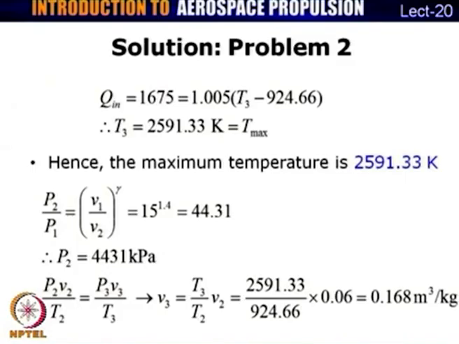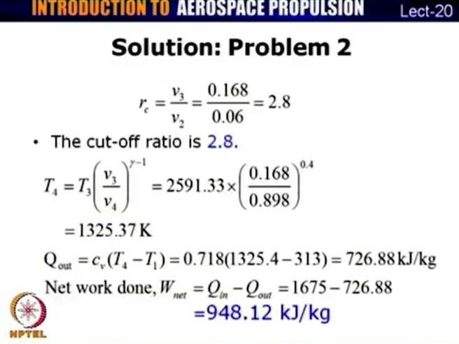Now, we know T3, which has already been calculated, T2 has already been calculated, and V2 is also known. Therefore, we can calculate V3 as equal to 2591.33 divided by 924.66 into 0.06. So, specific volume at state 3 is equal to 0.168 meter cube per kilogram. So, we have now determined properties at state 2 and also at state 3.